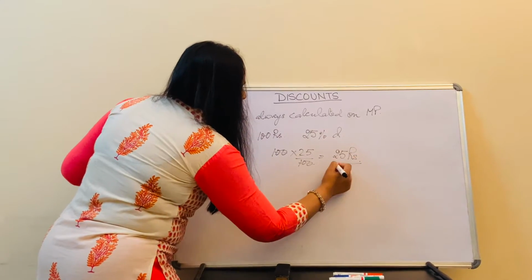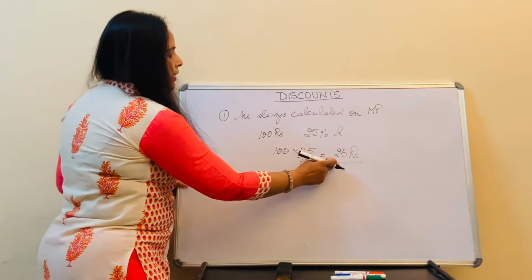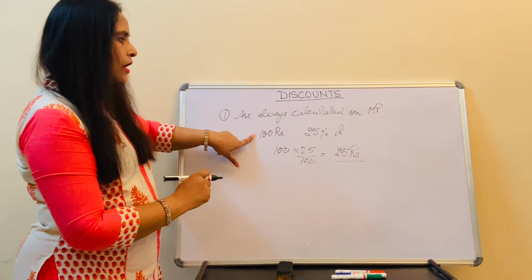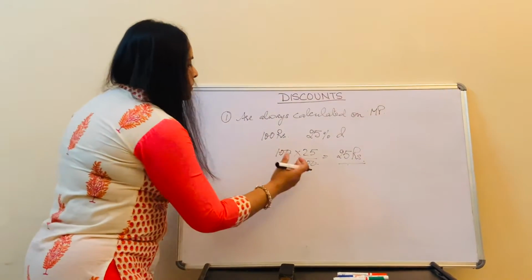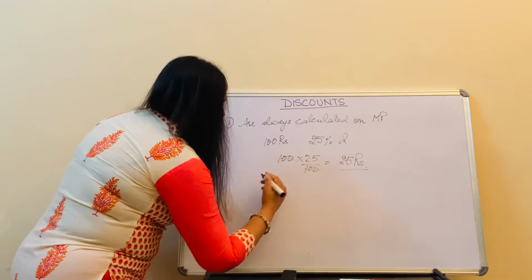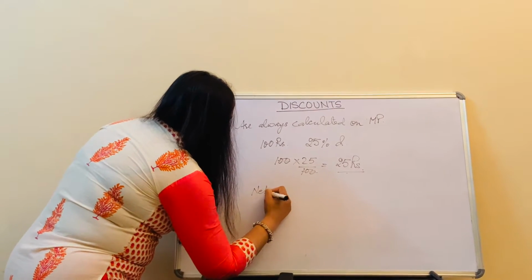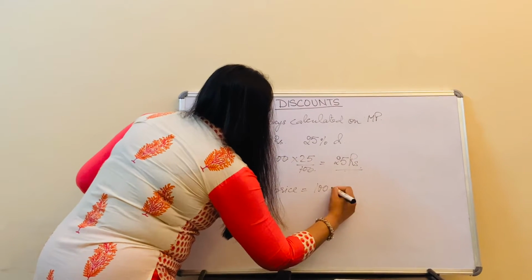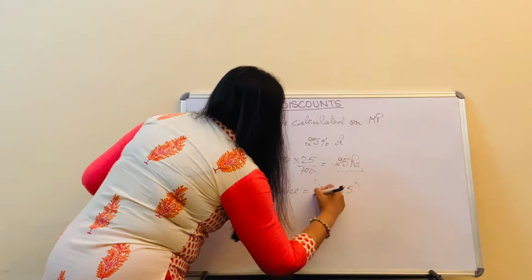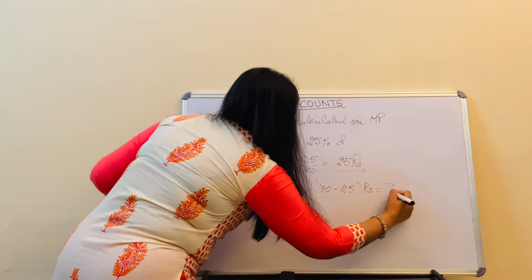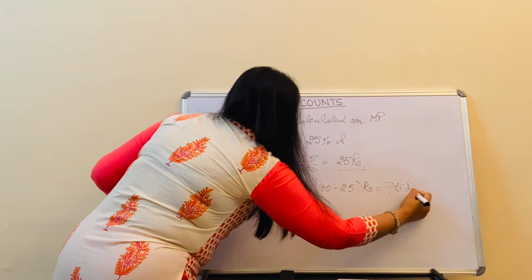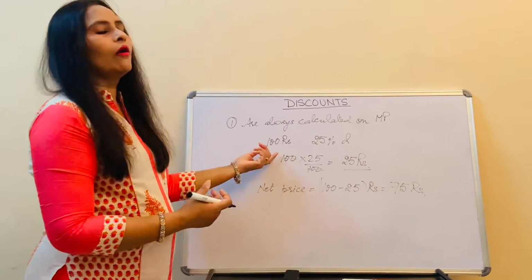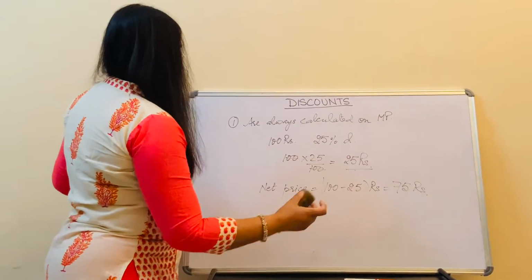This is the discount on that article, and it has to be subtracted from the marked price, which is 100 rupees, to get the net price of the good. So net price will be 100 minus 25, which comes out to be 75 rupees. The customer has to pay 75 rupees for that article instead of 100 rupees.